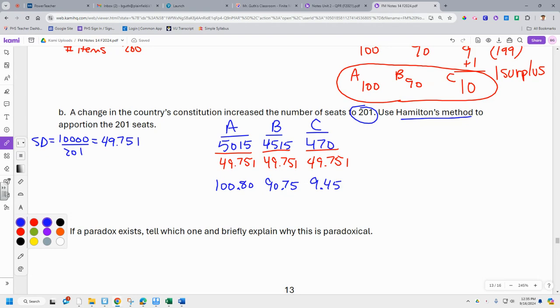Again, it's Hamilton's method, so we know to round down. That means this is 100, 90, and 9 for a total of 199 again. And again, we have this one surplus, one extra item that we need to give away. And we're going to give it to the one with the biggest decimal.